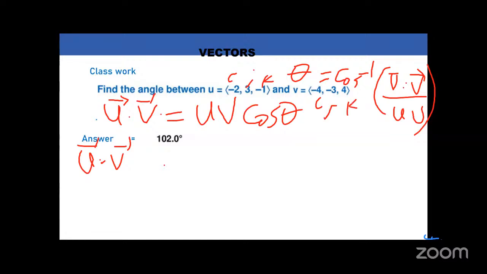So that would be minus 2 times minus 4, that is 8. Then 3 times minus 3, that would be minus 9. Minus 1 times 4, minus 4. So the sum will be, that is minus 1 minus 4 will give us minus 5.